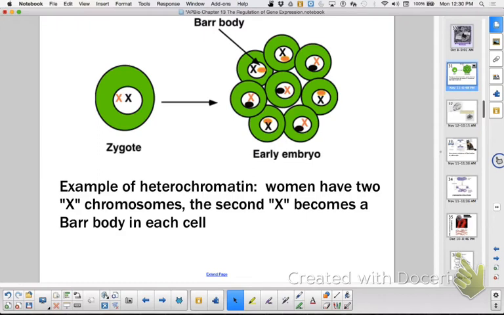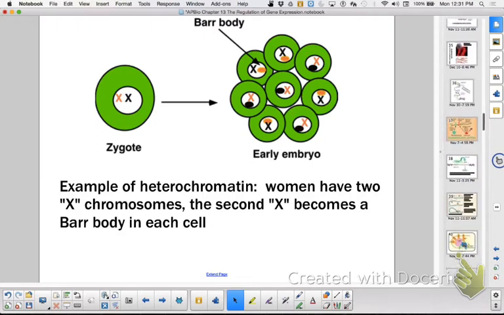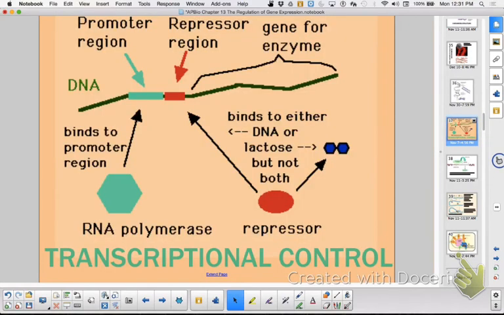So in one trait, if you have the orange one and the black one here, in some cells the orange X would be expressed, and in some the black X would be expressed. Okay? And that creates a mosaic. So that's one form of control. Transcriptional control, we've just spent time going over transcriptional control. But we went over transcriptional control in a prokaryote.